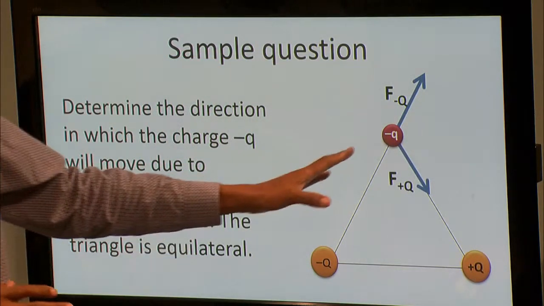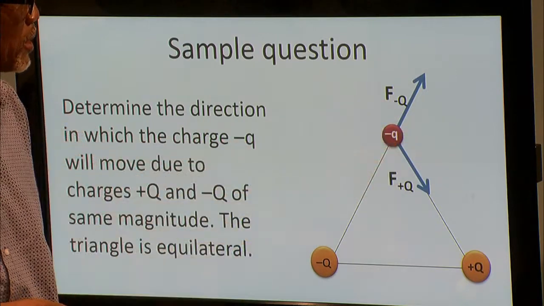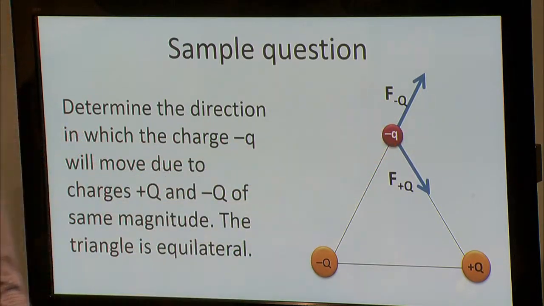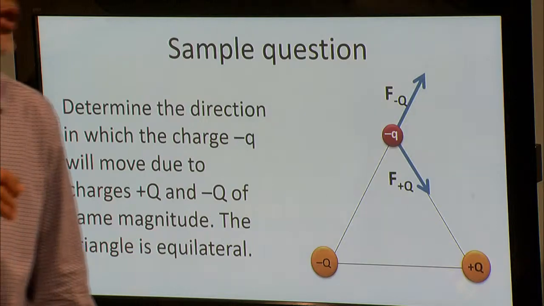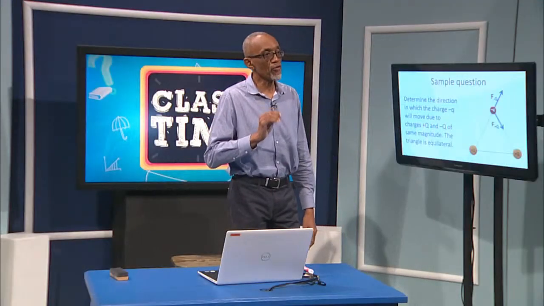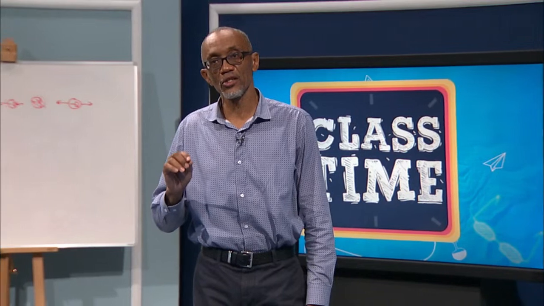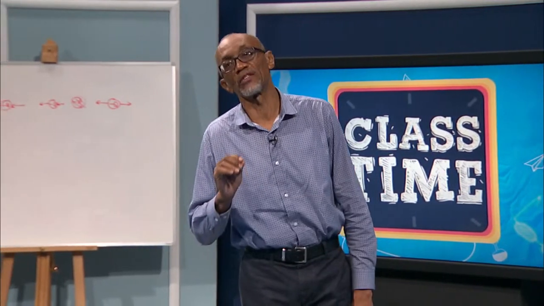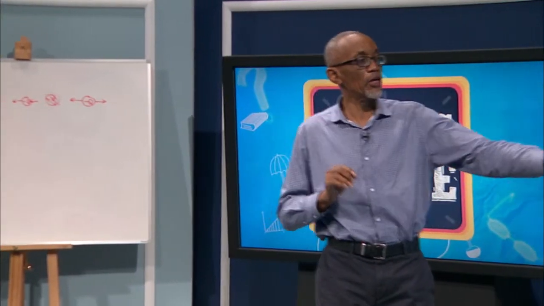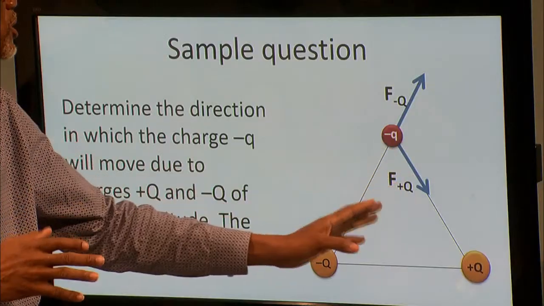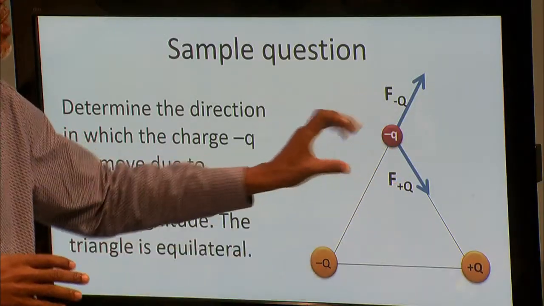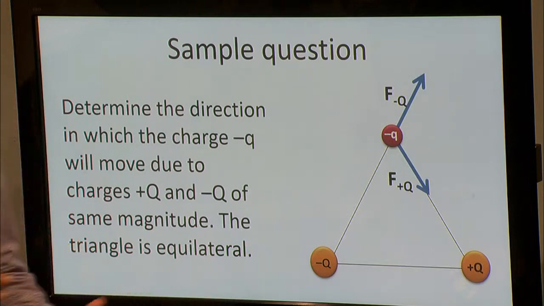Now these two forces are impacting this charge Q. You remember before I told you that when you're going to add the forces, you must add them as vector sums. And in this particular case, you just can't add these two forces and say this plus this, because you have to take the directions into consideration.